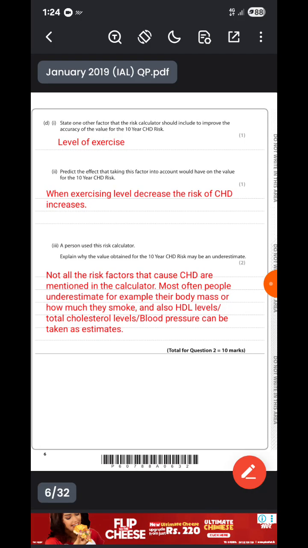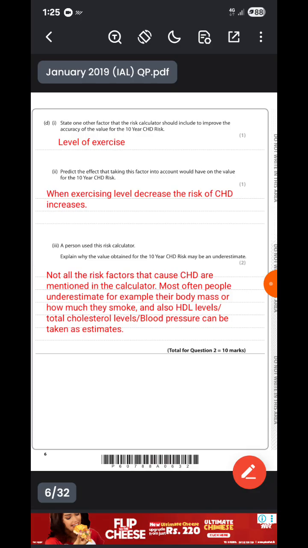Then, most often people underestimate, for example, their body mass or how much they smoke, and also HDL levels or total cholesterol levels or blood pressure can be taken as estimates. So this happens when we take tests. For example, for checking the amount of cholesterol levels in our body, we take a test called a lipid profile.